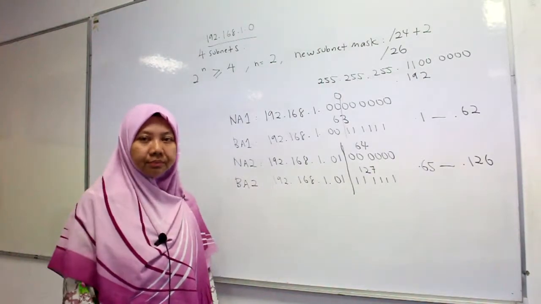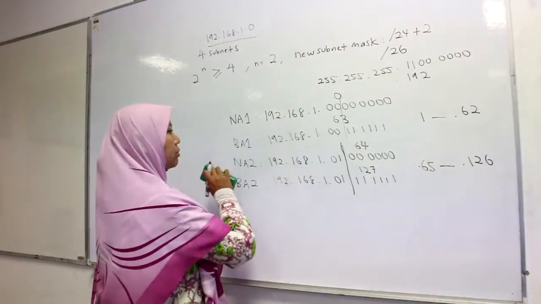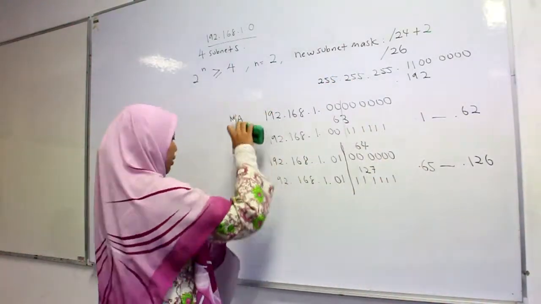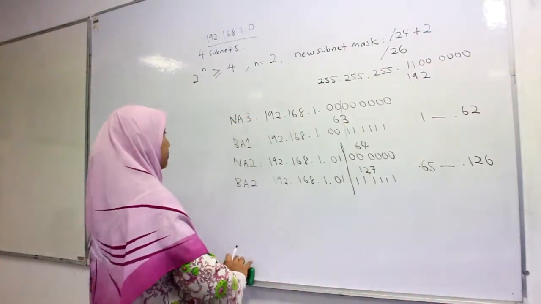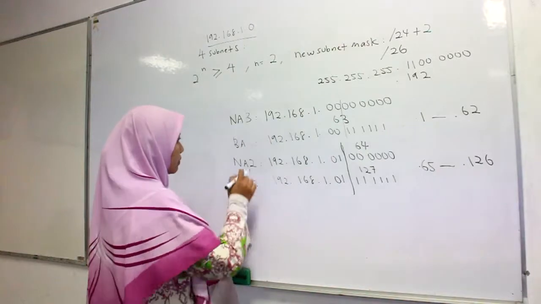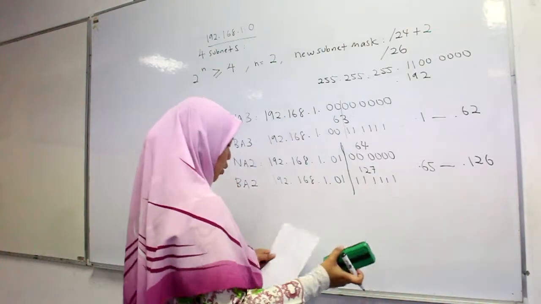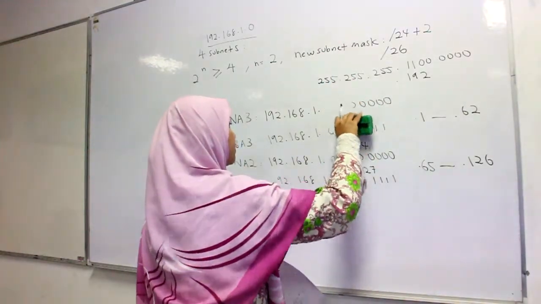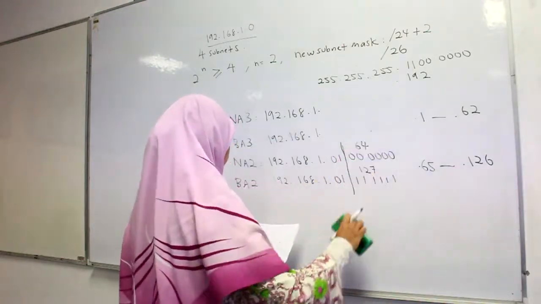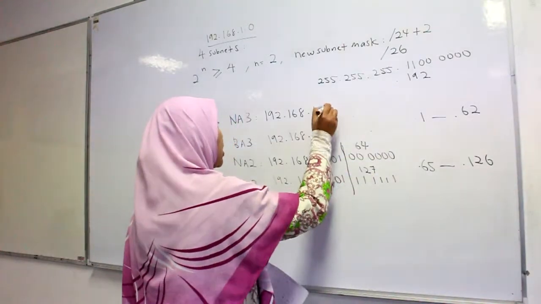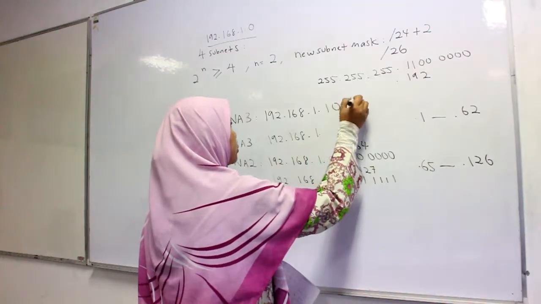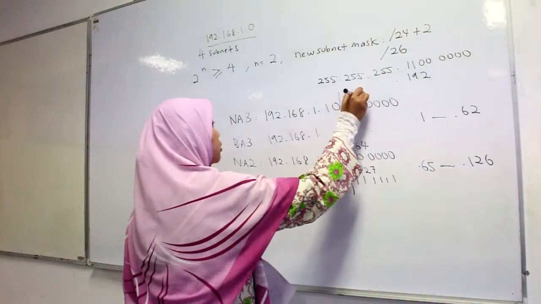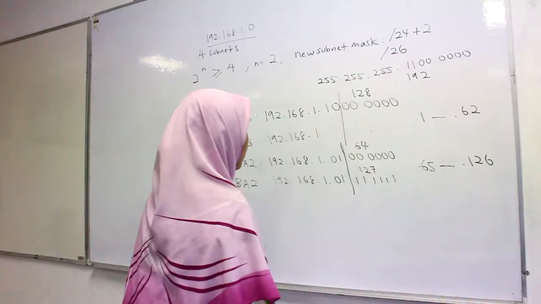Okay, how about the third subnet? The third subnet starts from 128. So now we are doing the third subnet. 128 is 10000000 in binary.